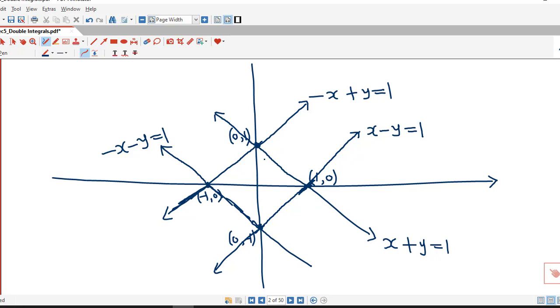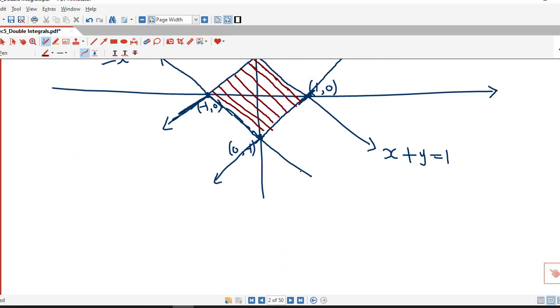And our square is the region enclosed between these lines. So this is the region inside the square. We have to integrate the given function inside the square, that is, in this region we have to integrate our function.